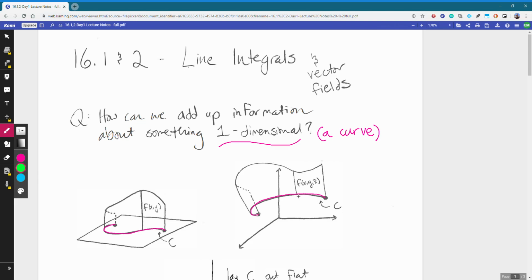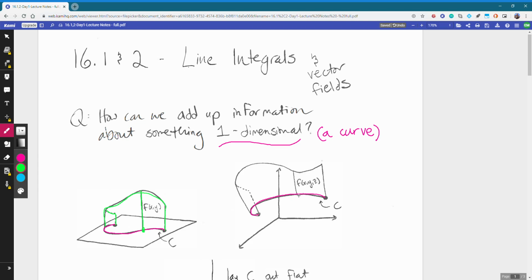And to get a picture of this information, we can, at each point, attach a stick with that function information as its height. If our info was 5 at this point, then our stick could have height 5. And if we do that over each point of our curve, what we're going to end up constructing is a ribbon that's attached to our curve like this.